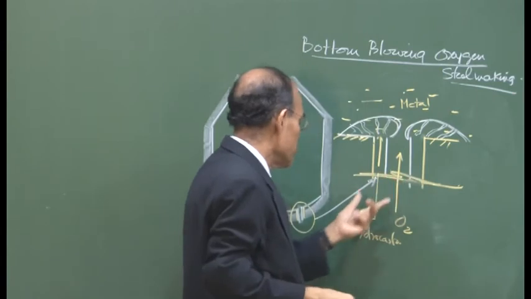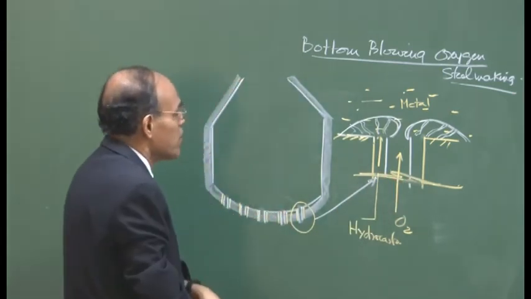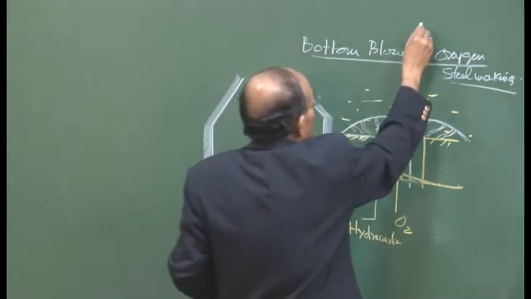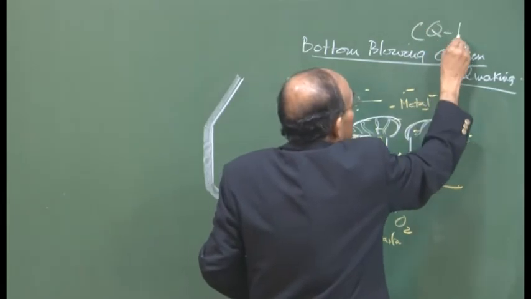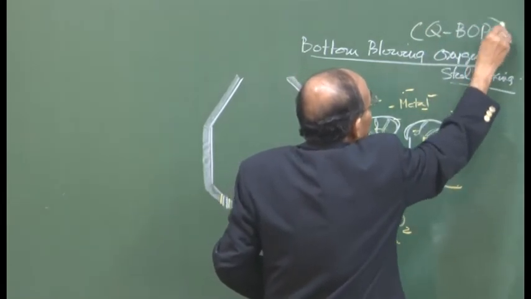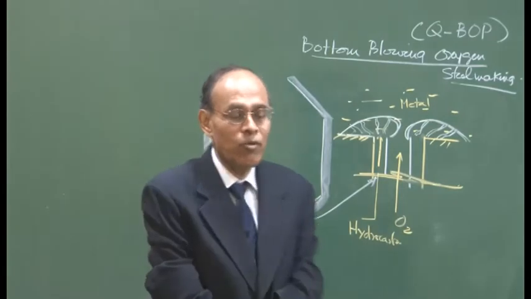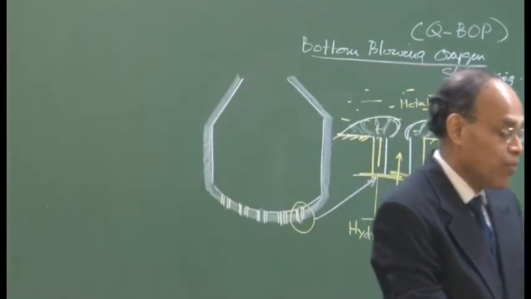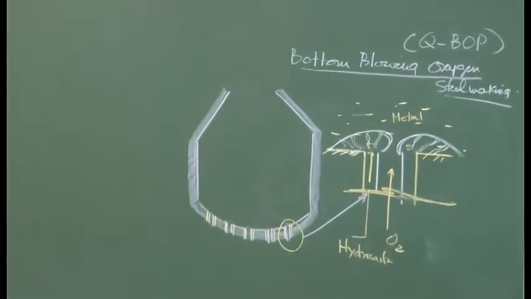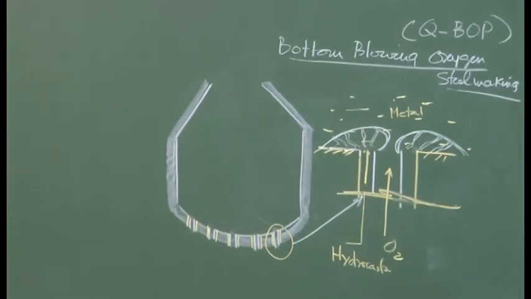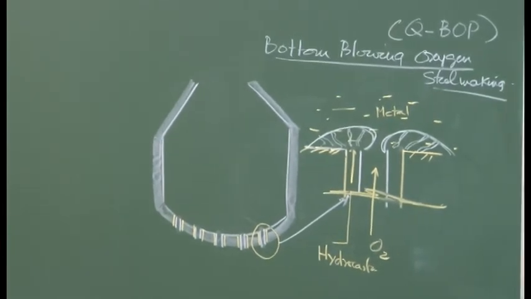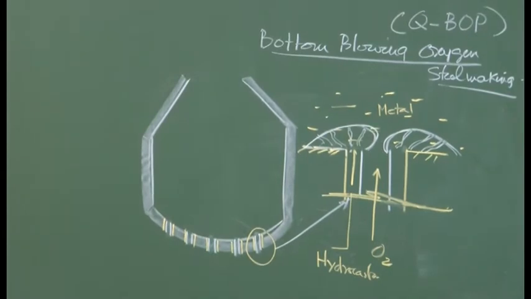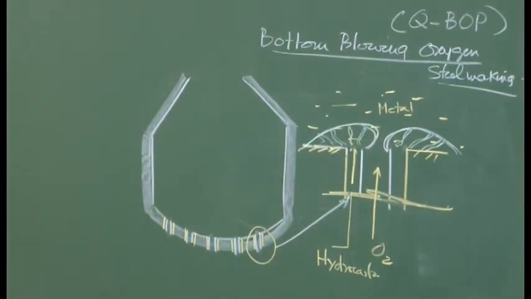OBM, the bottom blowing oxygen steel making process. This is also called, in America, I have indicated that the steel making process, if you go to Europe most of the people will say BOF, but if you go to America, people will talk about BOS, basic oxygen steel making process.